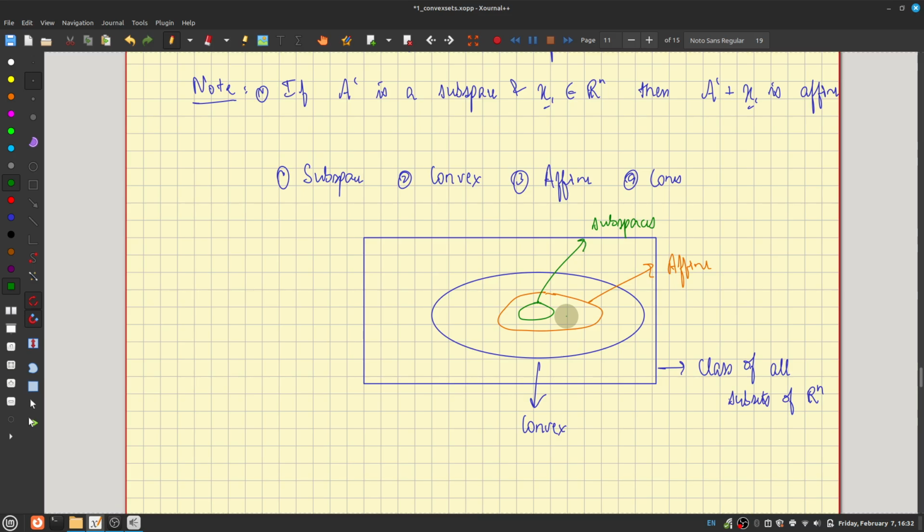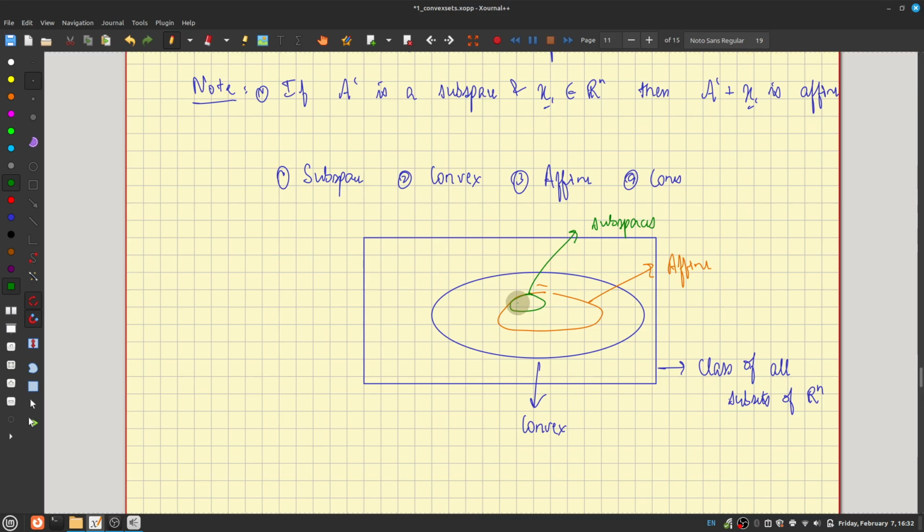What about affine? I should have drawn it a little better. I'm going to move this to one edge. Okay, so this is subspaces.